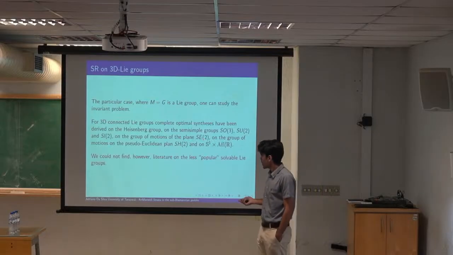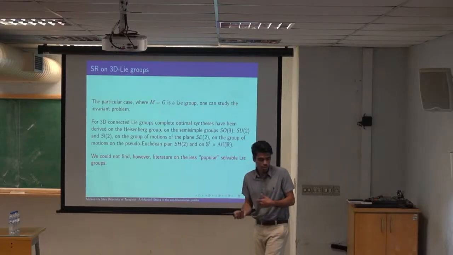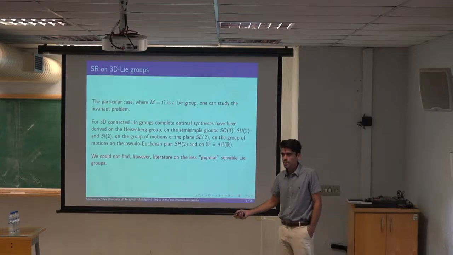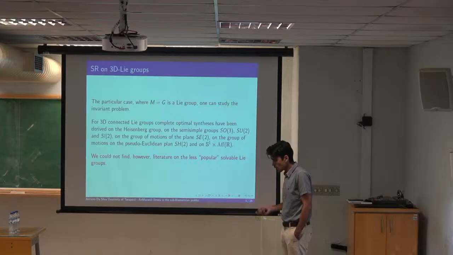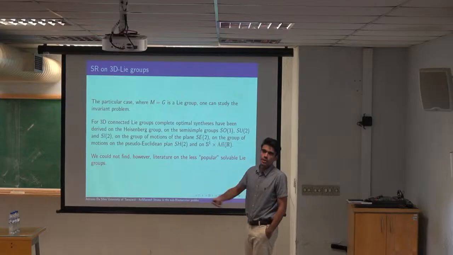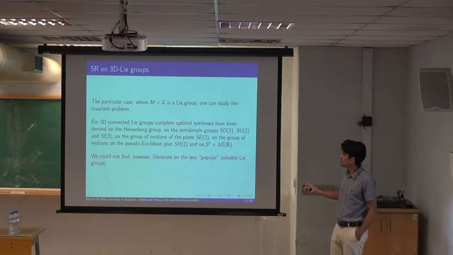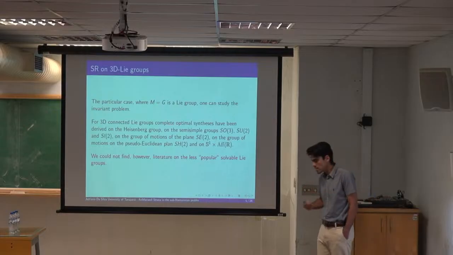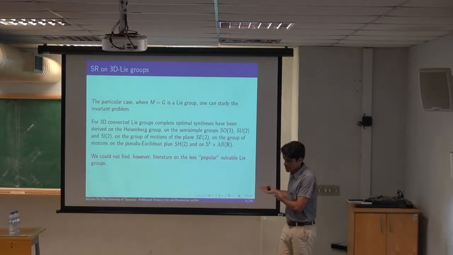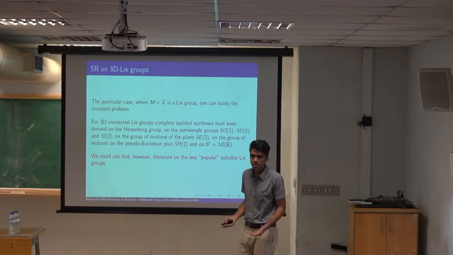But the non-popular Lie groups, I mean non-popular because usually you get this kind of group because they have close connection with applications. For these groups, we did not find anything in the literature working with the idea of finding a complete optimal synthesis, meaning finding the expression of the geodesics, and what I'm interested in here, the cut time, the time where we lose optimality, and things like that.